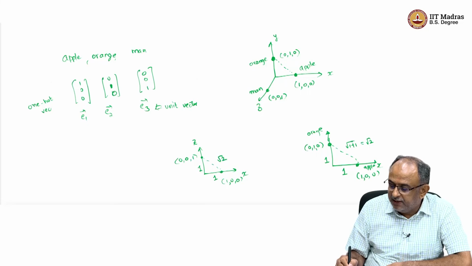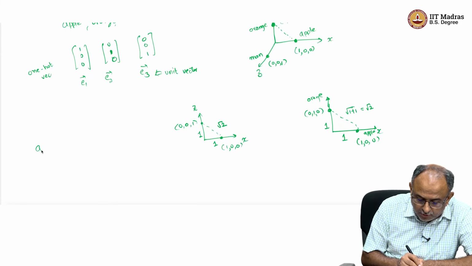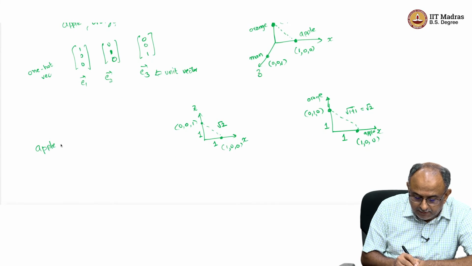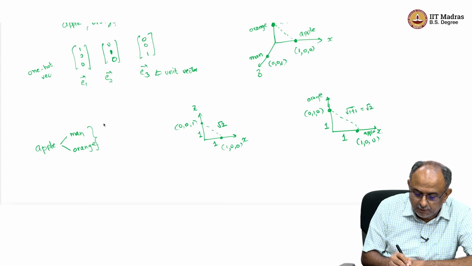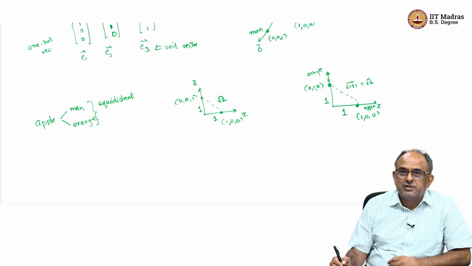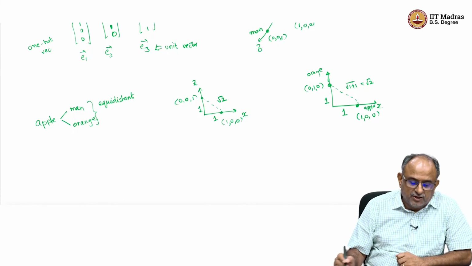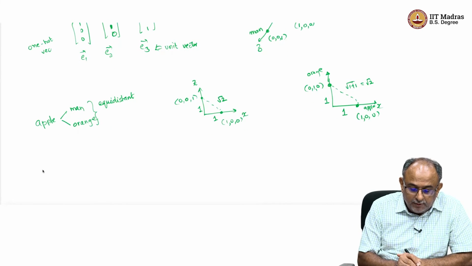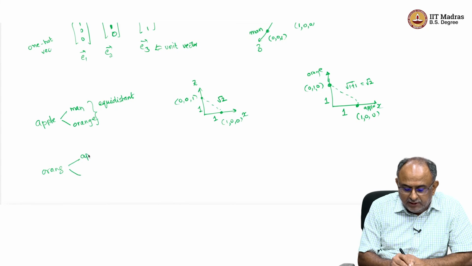So apple is equidistant from both orange and man. In fact, any two words will be equidistant. Orange versus apple and man, they will be equidistant.